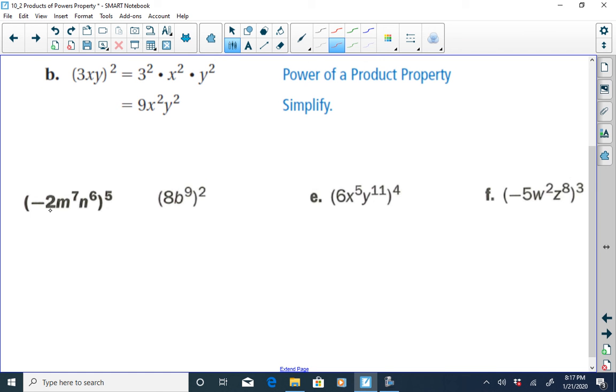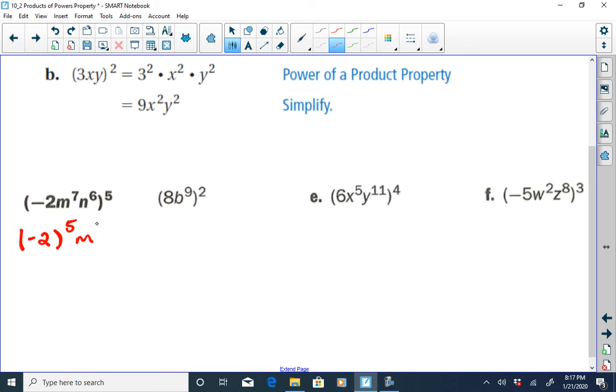All right, this first example, I have 3 factors, -2 times m to the 7th times n to the 6th. And we want to raise each of those factors to the 5th power. So that means we're going to take the -2, raise that to the 5th power, m to the 7th times m to the 5th. Right, when we raise a power to a power, we multiply. So that's going to be 7 times 5.